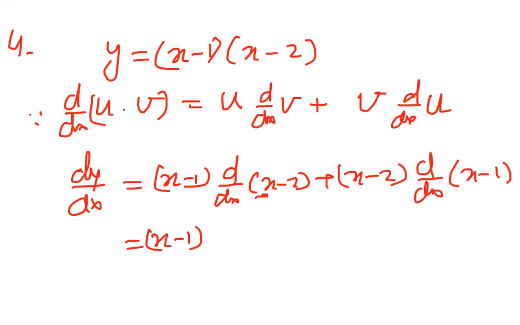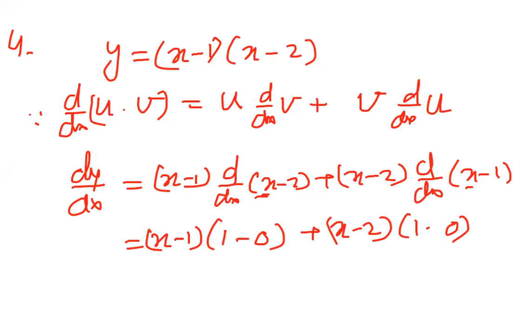Differentiation of x will be 1 and 2 is constant, its derivative will be 0, plus x minus 2 differentiation of x will be 1 and differentiation of 1 will be 0. So it is coming x minus 1 plus x minus 2. That is 2x minus 3.